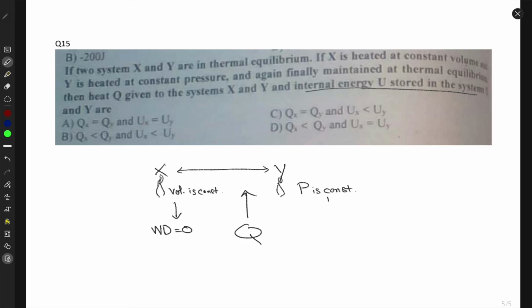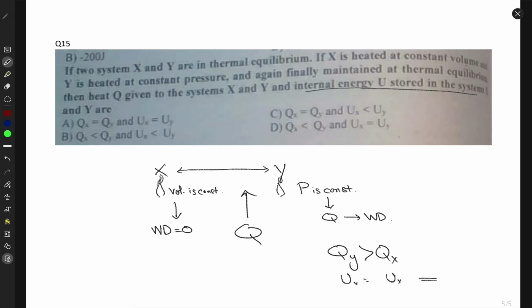What about constant pressure? At constant pressure, even though pressure is constant, some of the heat can be converted into work, right? So some of the heat is converted into work, which means that the heat in the system Y would be greater than the heat in system X. And the internal energy in both the systems is going to be same.